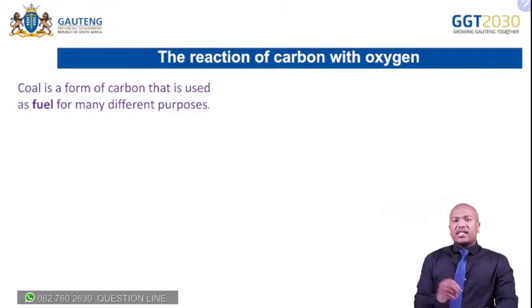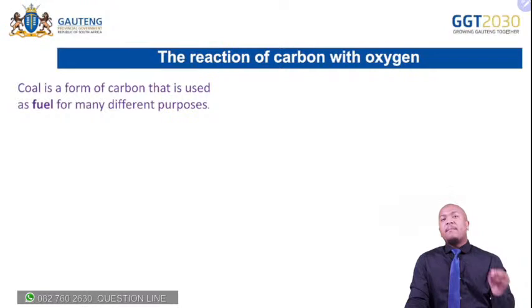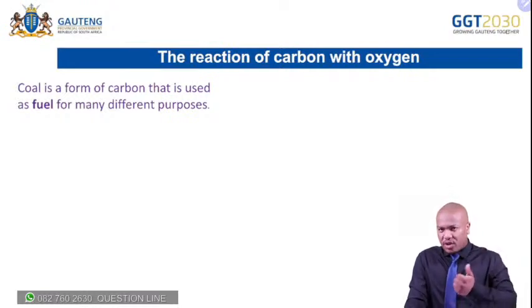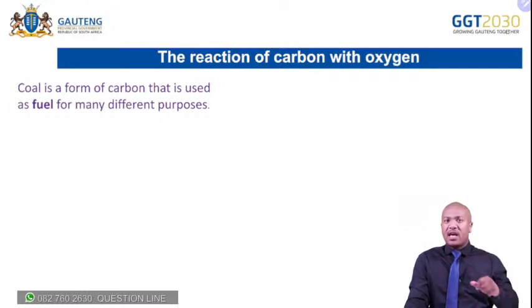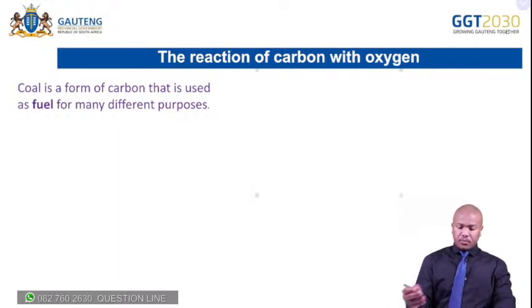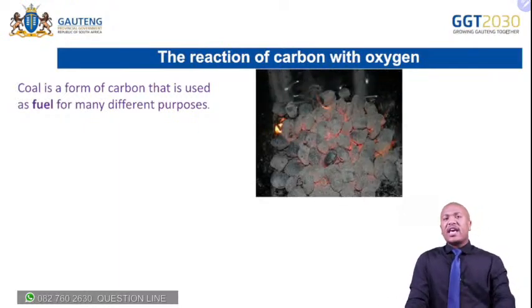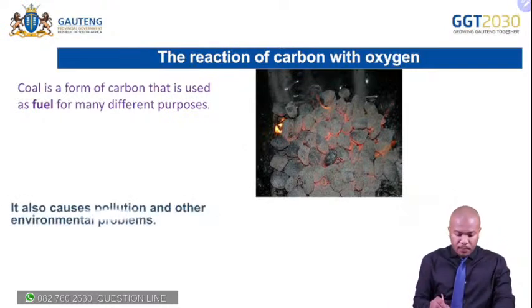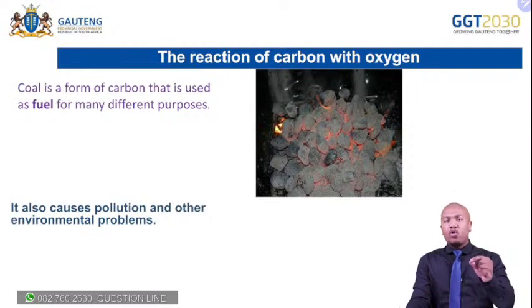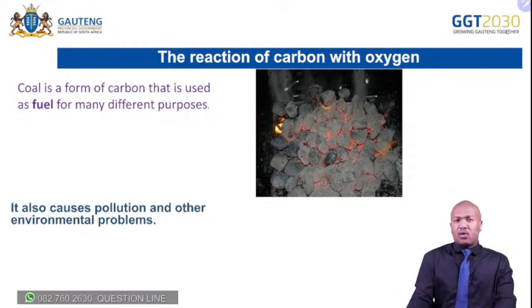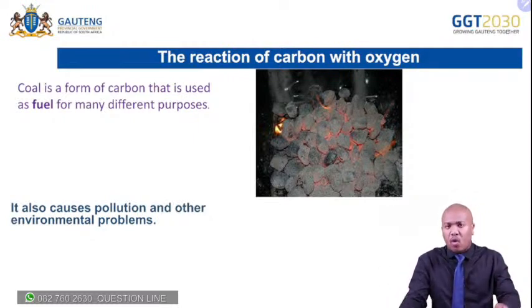So now, as an example, coal is a form of carbon. It is used as a source of fuel for many different purposes, of which I've mentioned now, like when you are having a braai at home, when you are making fire, when you're lighting up that stove that requires coal. But this coal causes air pollution and other environmental problems like global warming.